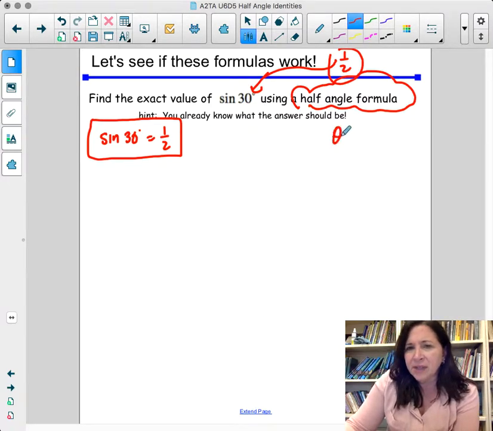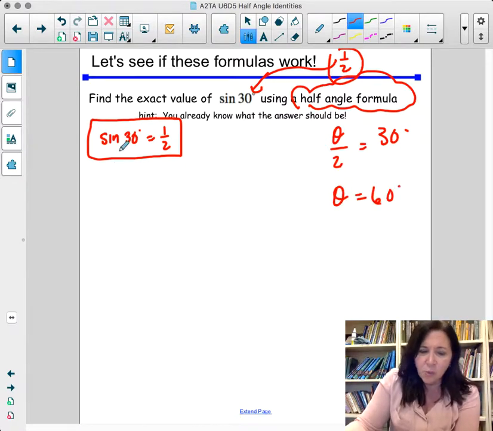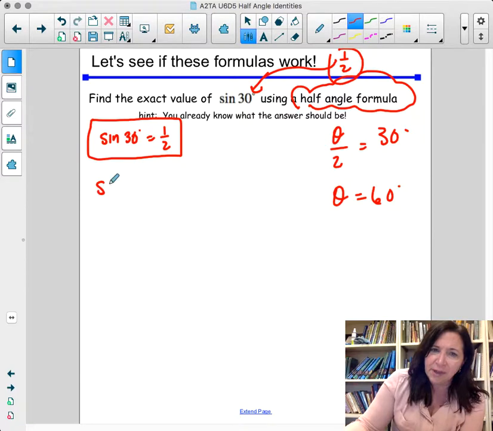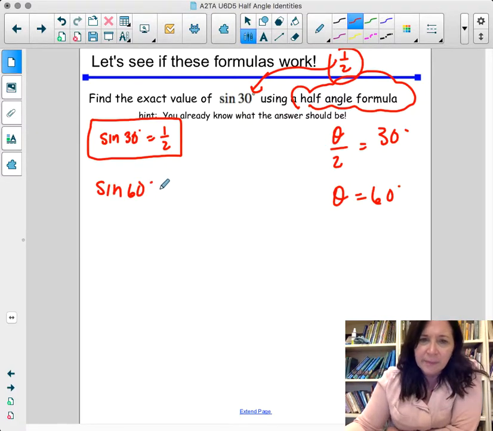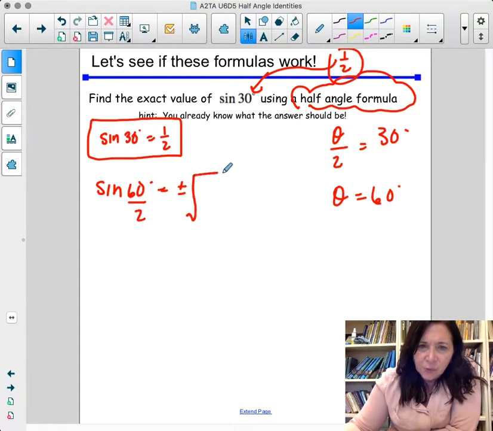Basically, that means that theta divided by 2 equals 30 degrees. Because we're using a half angle formula, we're going to cross multiply. Theta is equal to 60. So when I use my half angle formula, I'm actually using 60 degrees. Now it equals plus or minus the square root of, now remember this is 1 minus cosine of x over 2.